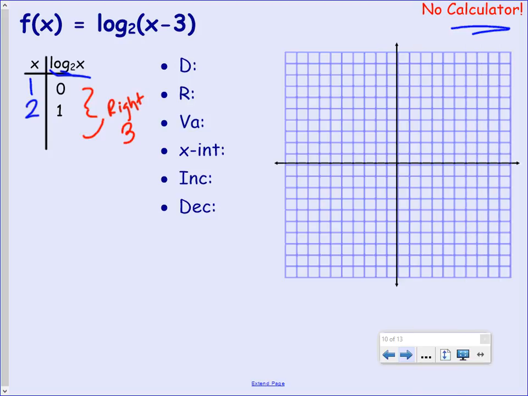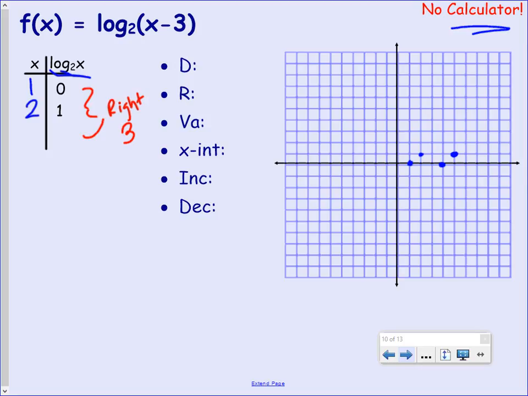So on my graph, I would start with (1, 0) and (2, 1), and I'll make those small. But I just need to take those points and shift them. So right 3, right 3. What else will shift to the right 3, besides my points? My vertical asymptote will also shift.